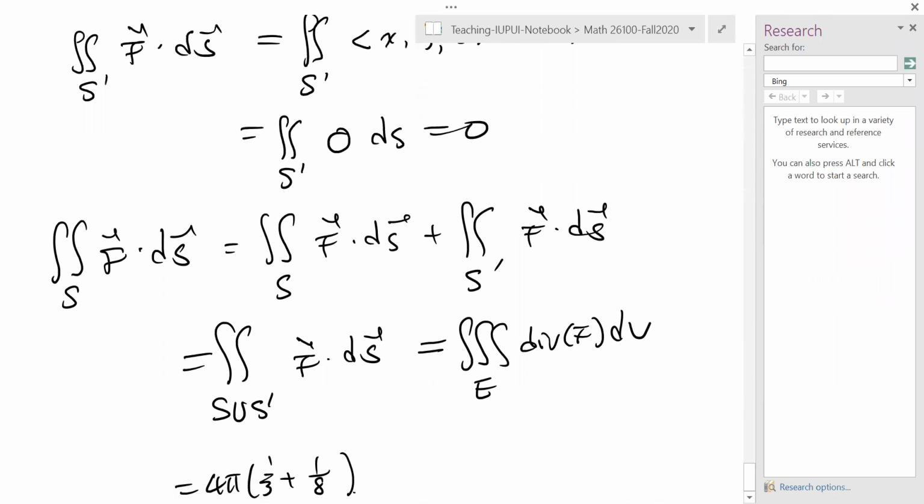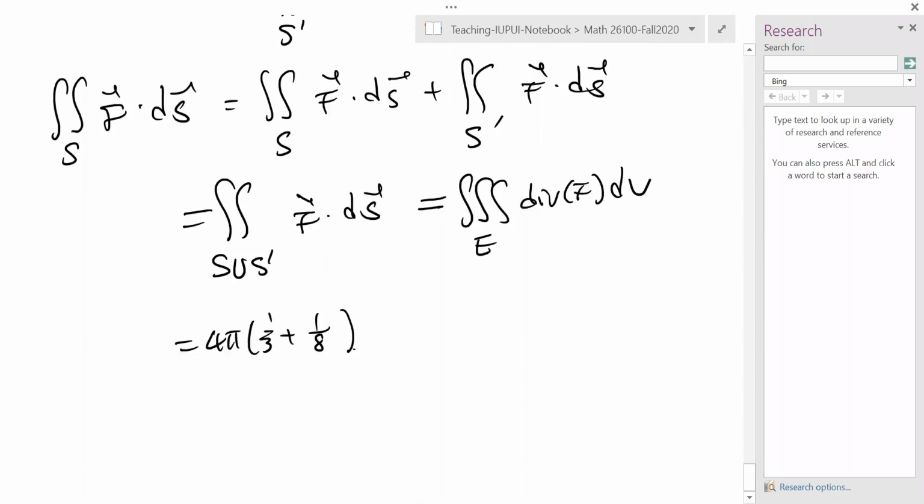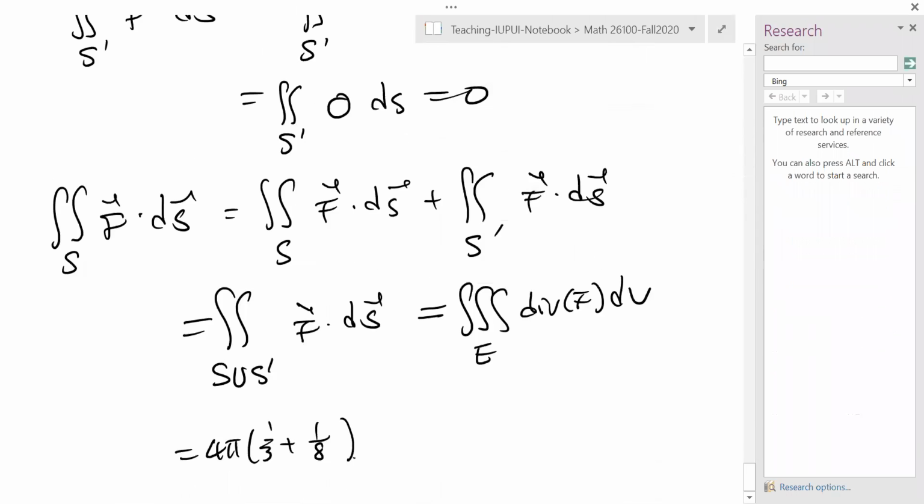Now, if it's not equal to 0, you still can easily compute it. That's okay. For example, if I change it, then you just add that part, because it can be computed easily, since it's on the disk and the normal vector is easy to find. As long as you add that part to the original integral, you can still use the divergence theorem.